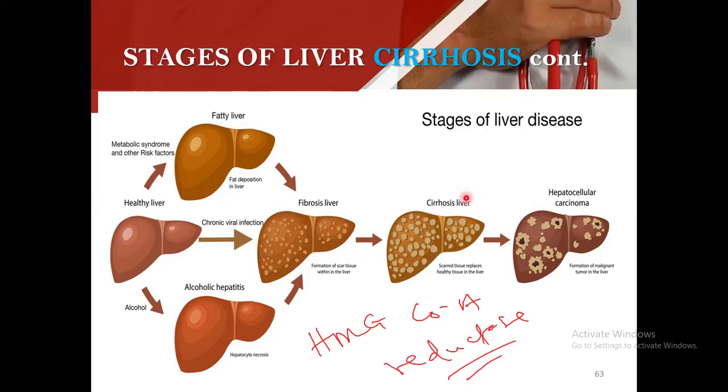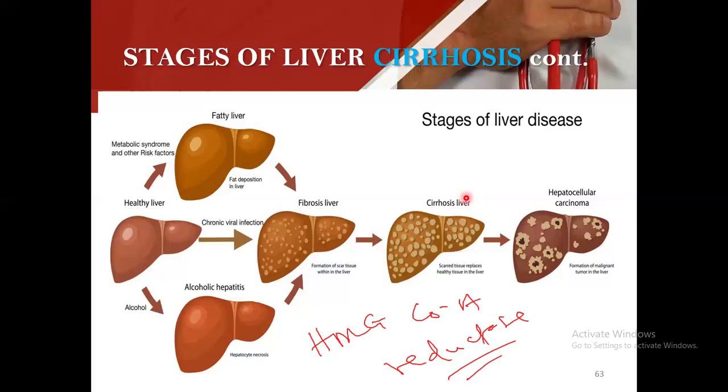Most of the time, stage 1 and 2 are limited; if you do something about them, they will reverse. But when you get to stage 3 and 4, you are likely to enter into the deadly liver cirrhosis.